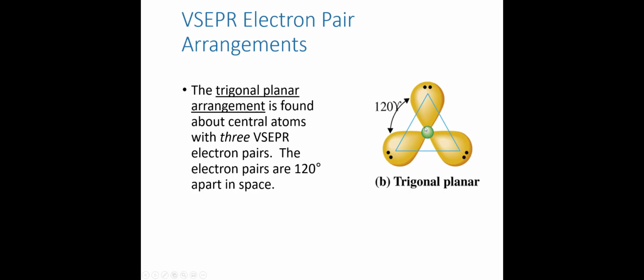So all 3 of these could be atoms, or 2 of these could be bonded to atoms and one of them be a lone pair. So there's 2 possibilities there. And so when we get to shapes, those will each have their own names. However, they will share the trigonal planar arrangement of electron pairs. The electron pairs are approximately or exactly, depending on the molecule, 120 degrees apart in space.